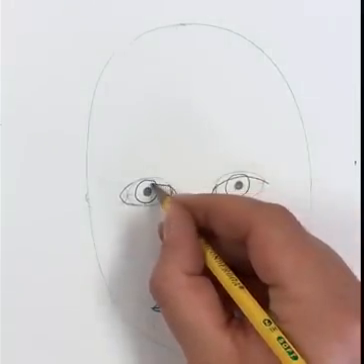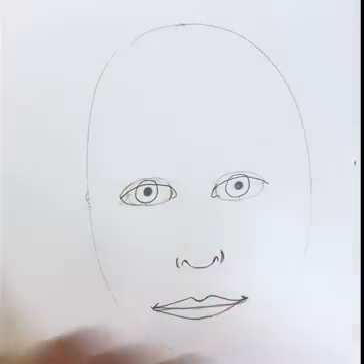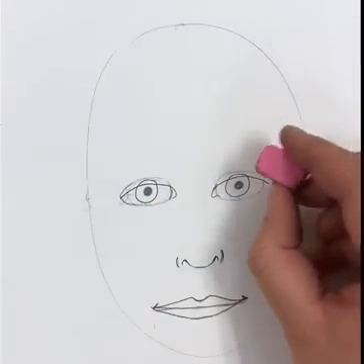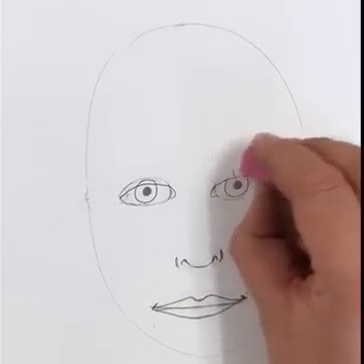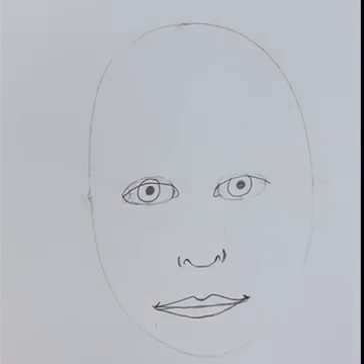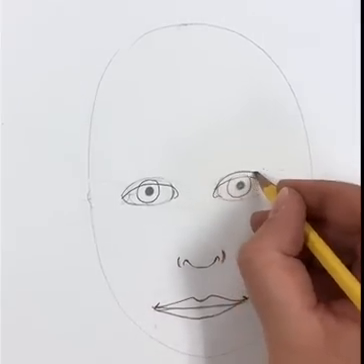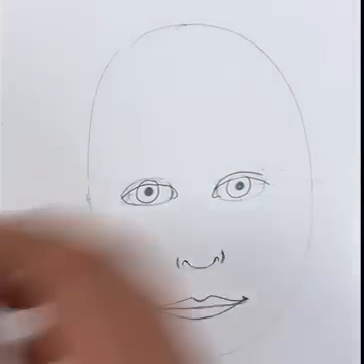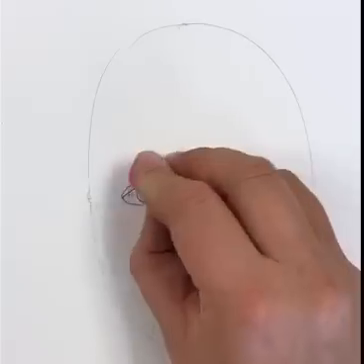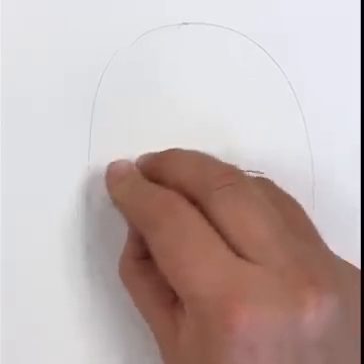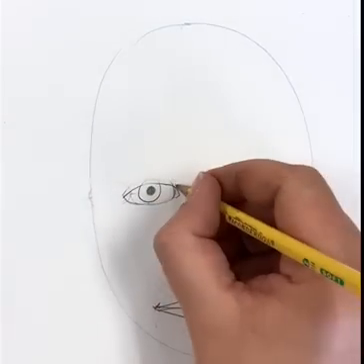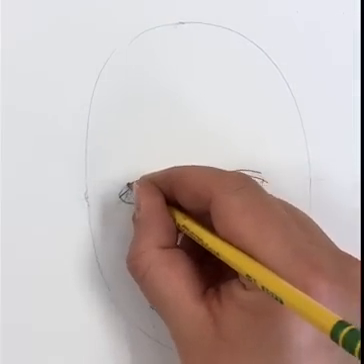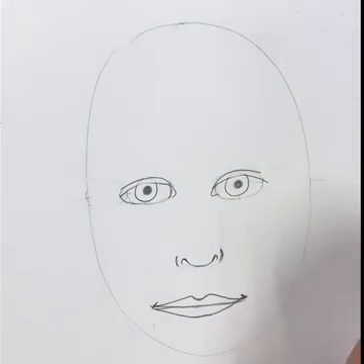Make another little lid over here that cuts across the eyelid. If you look at people or if you look in the mirror, you'll notice that we normally don't see the whole iris because then it would look like we were really surprised all the time. And you can draw that top lid again. But that eyelid hides that part of the eye, so we want to make sure we erase the part that we're covering. We can redraw that eyelid.